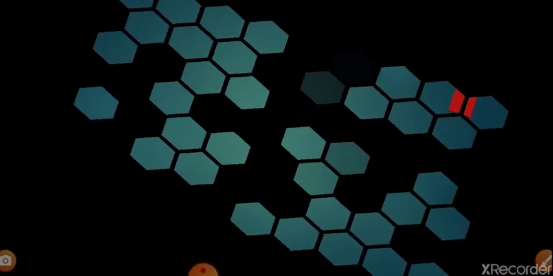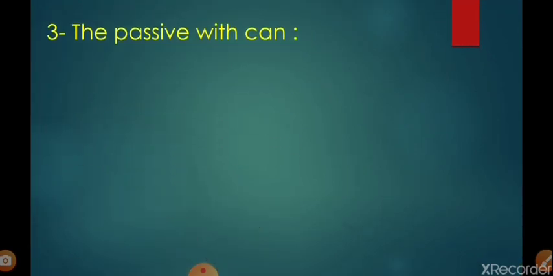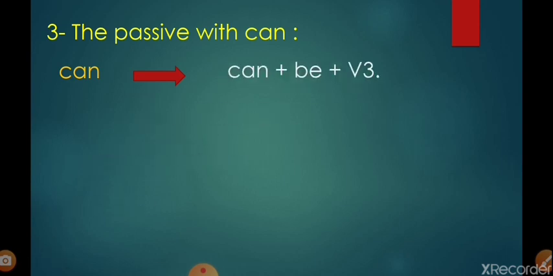Now let's move to number 3, which is the passive with can. This rule is very easy. If we have can in the active sentence and we want to turn it into passive, we use can plus be plus verb 3. Let's see the example.